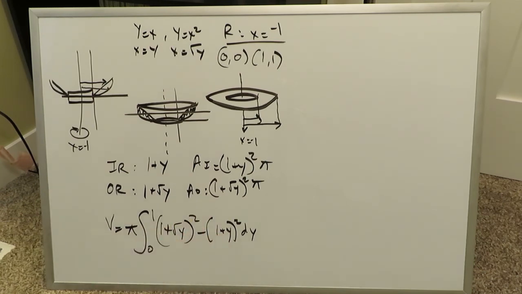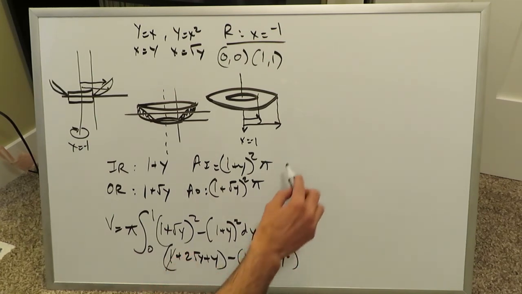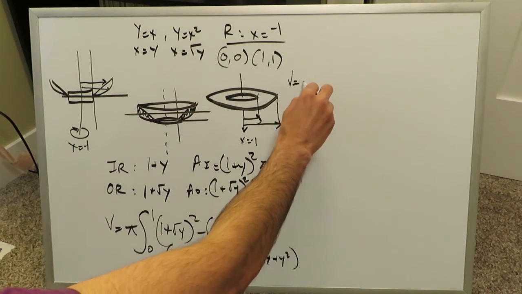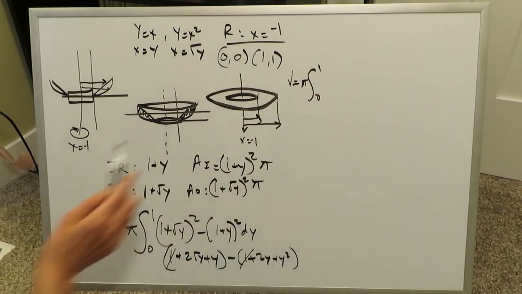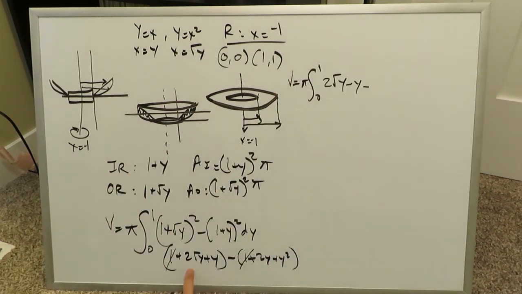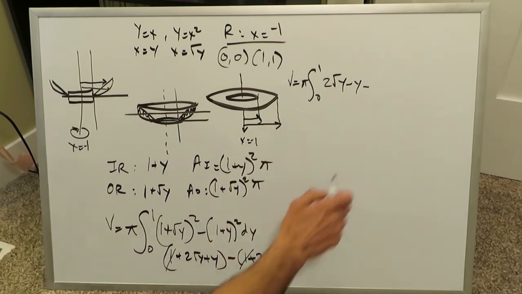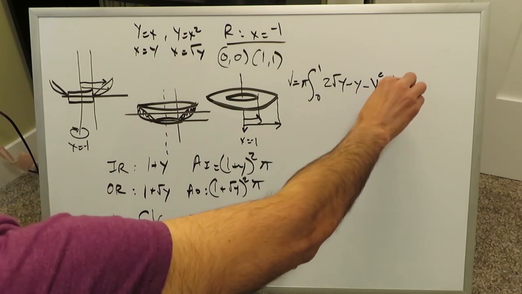Let's expand it out a little bit here: 1 plus 2 root y plus y, minus 1 plus 2y plus y squared. The ones will cancel out. You'll end up with an expression where volume is equal to pi times the integral from 0 to 1 of 2 root y plus y, and this minus 2y is a minus y, and this minus y squared, with regards to dy.